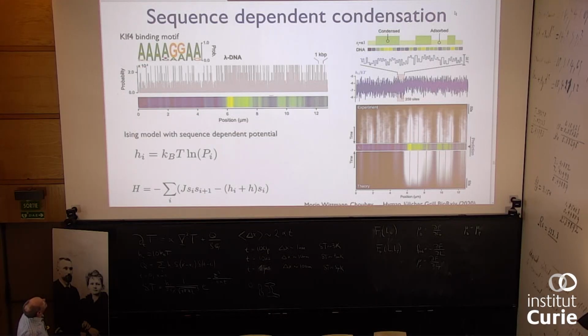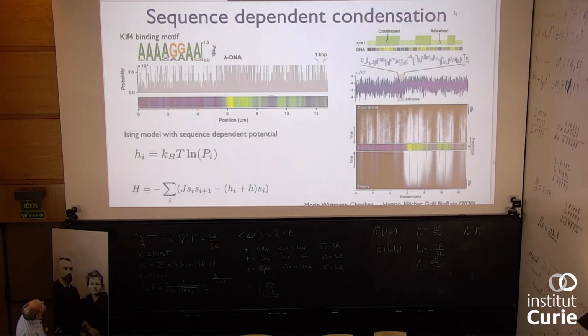This is done with a transcription factor called KLF4, and it is known that it has certain binding motifs on DNA, usually represented as logos, where you say which bases should be at certain positions in order to have a high probability of binding. One can translate this logo, given a sequence of DNA like the lambda sequence, into a distribution of probabilities where you would expect to find a molecule. And this looks like this here.